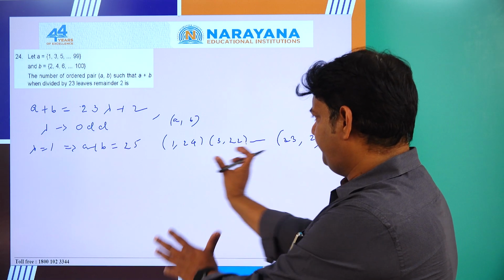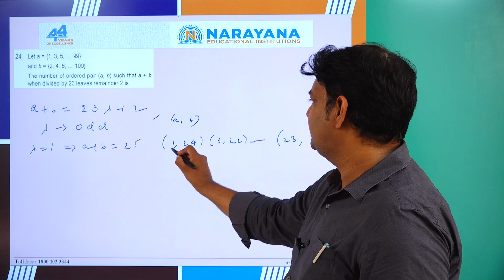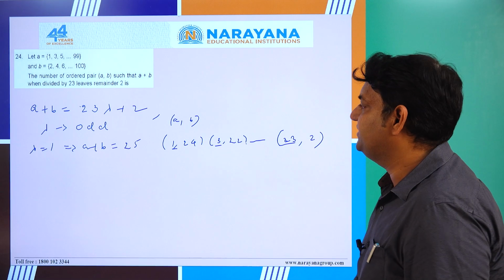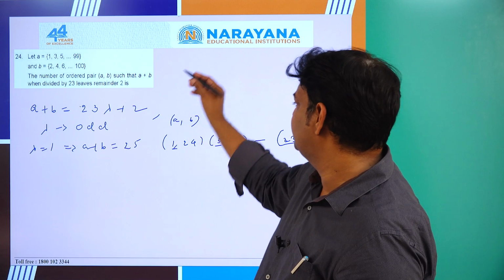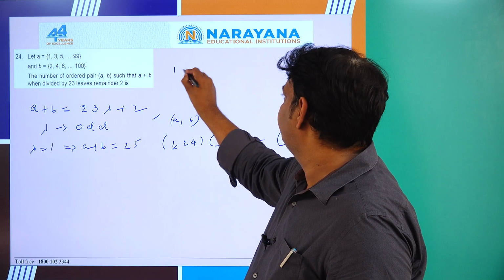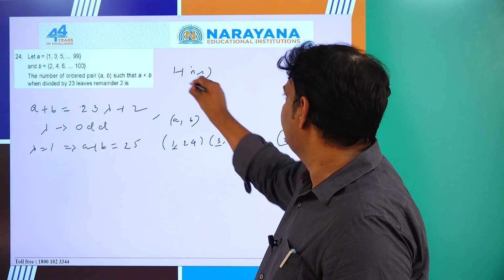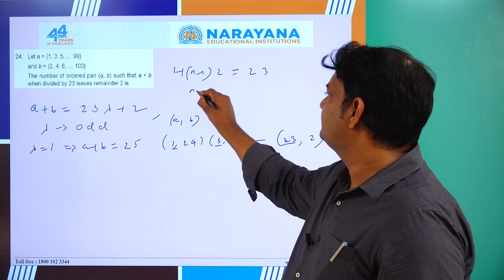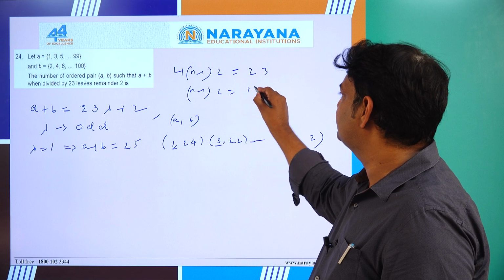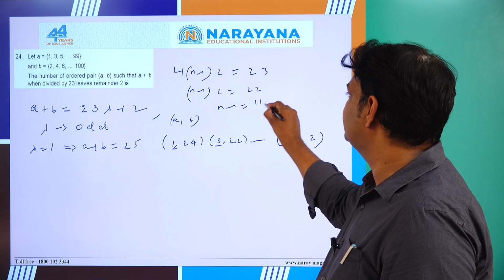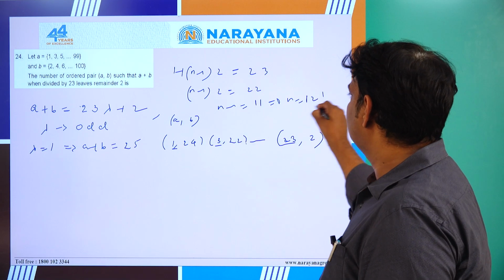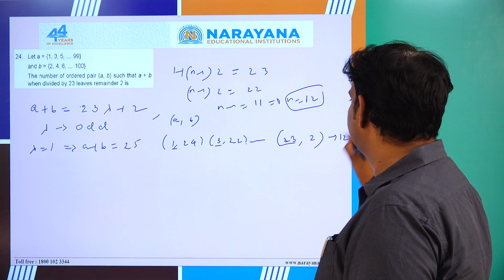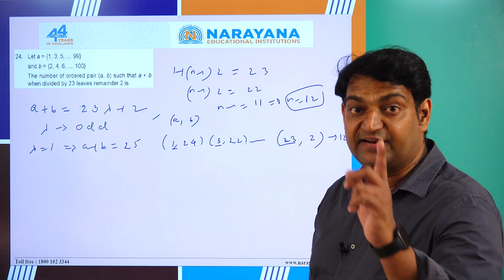So how many pairs exist? It is observed that 1, 3, 5 up to 23 is an AP. How many numbers in the AP? a plus (n minus 1) into d equals 23, so (n minus 1) into 2 is 22, so n minus 1 is 11 and n is 12. So 12 ordered pairs exist when lambda is 1.